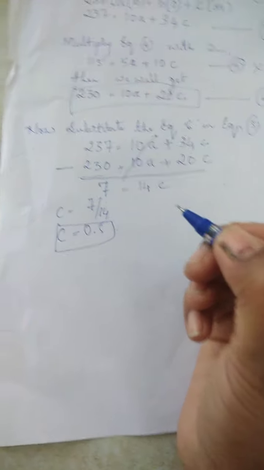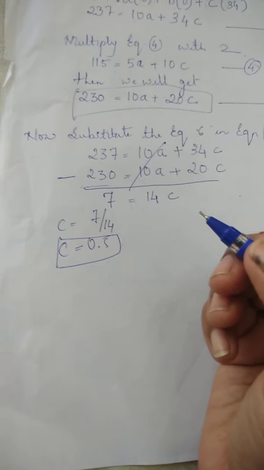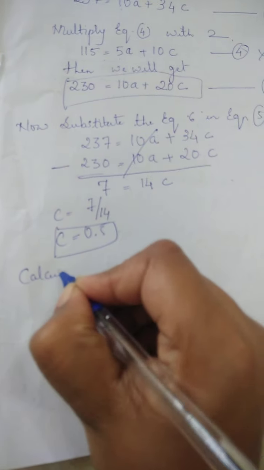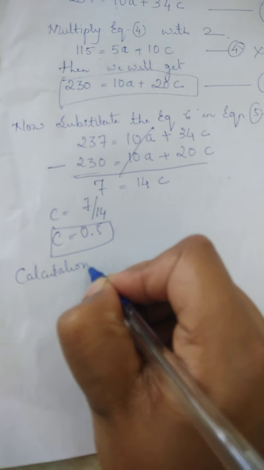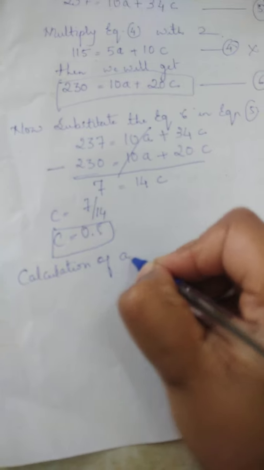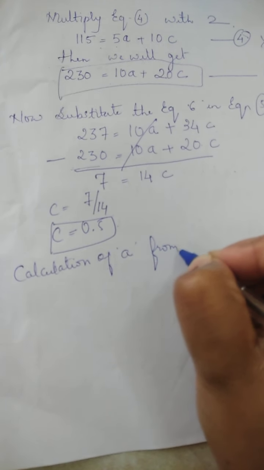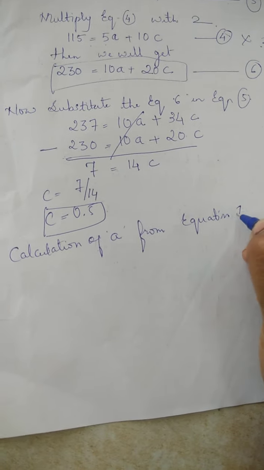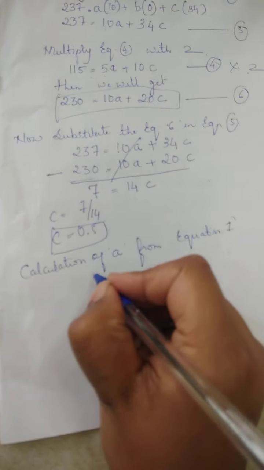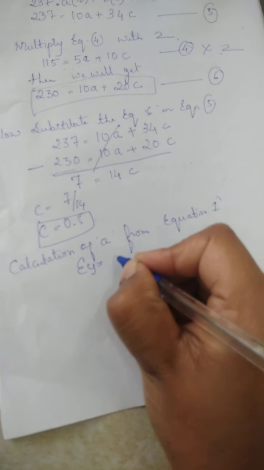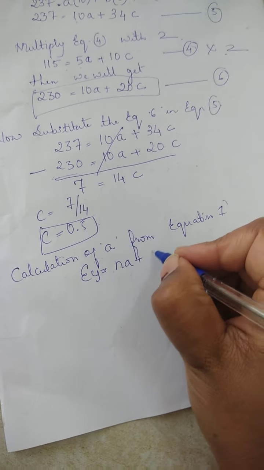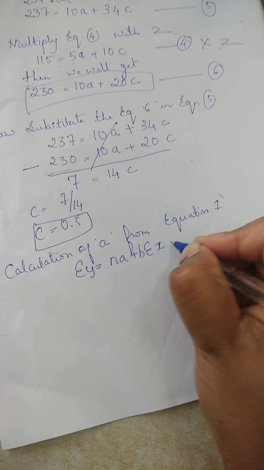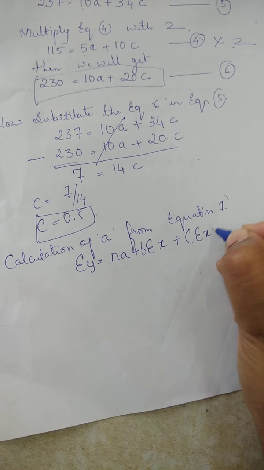Now, we got the c value and b value. Okay. Now, we have to calculate a. For calculation of a, from equation 1. Okay. Now, take equation 1. Summation y is equal to Na plus b summation x plus c summation x square.